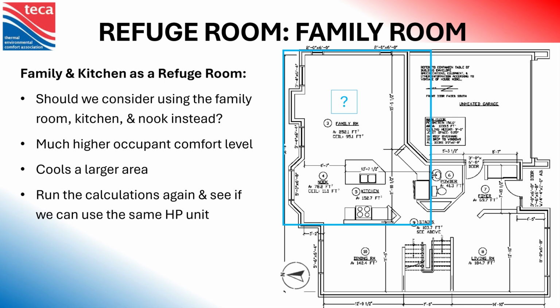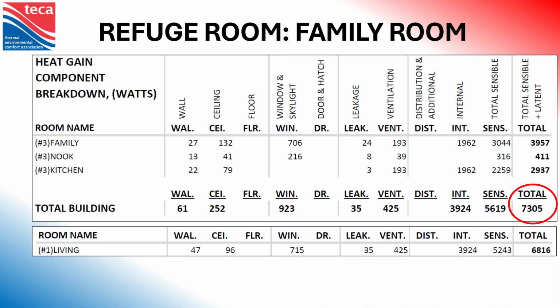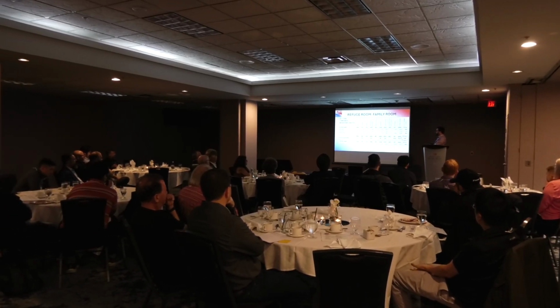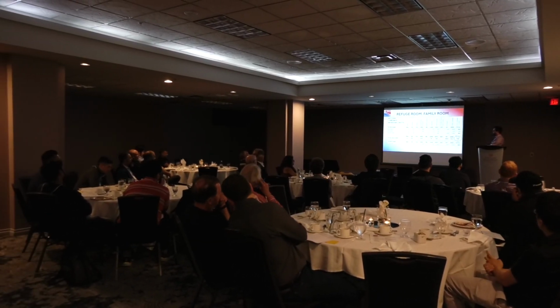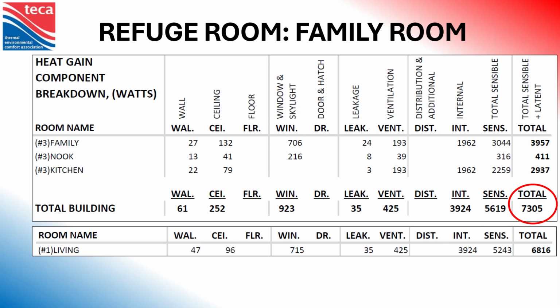So let's see if we can pick an area that's like twice the square footage, and if we can still use that same piece of equipment. And the answer is yes. It might be a little bit surprising because that space is so much bigger, but when you think about it, it makes sense, because sure, our wall and our ceiling and potentially our floor loads are going to be higher, but they're small. They're small anyway.